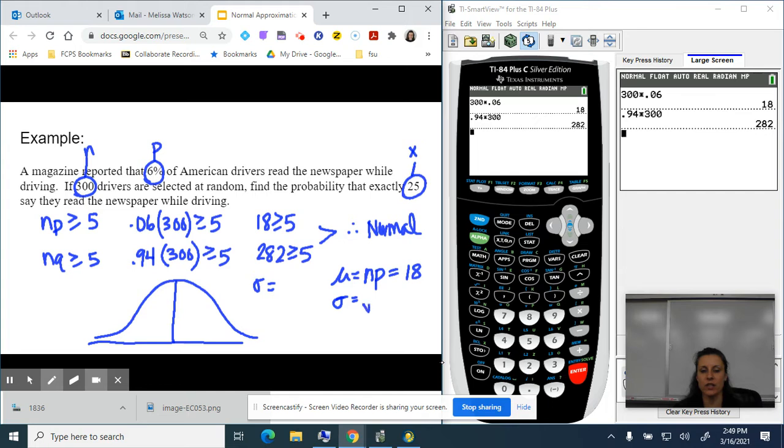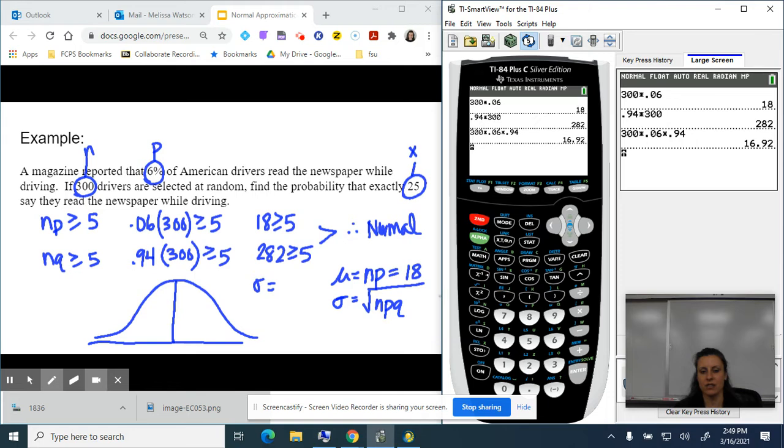To find the standard deviation, we multiply n times p times q and square root that value. So for this, I'm going to multiply the 300, which is n, times the probability of success of 0.06, and times the probability of failure of 0.94.